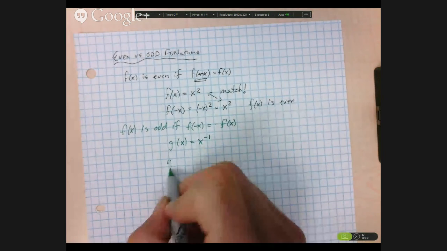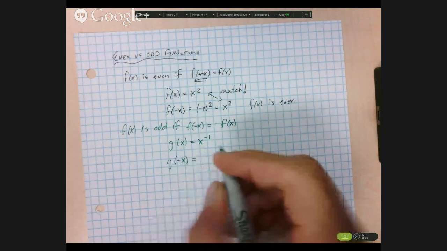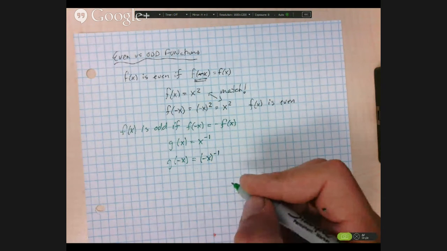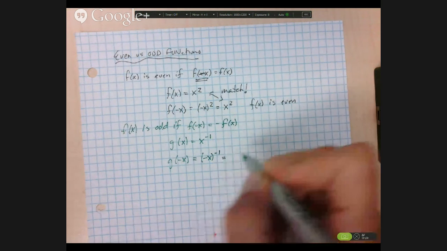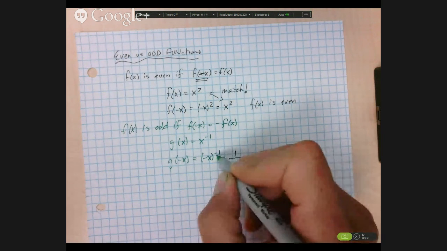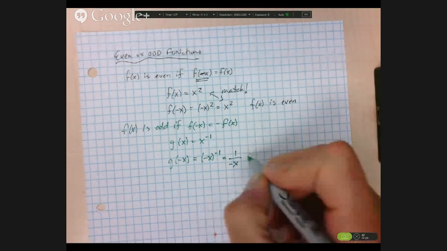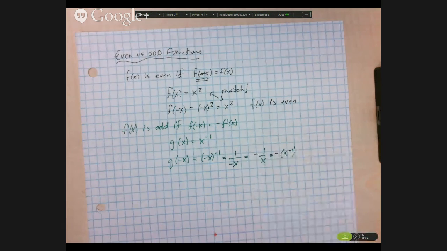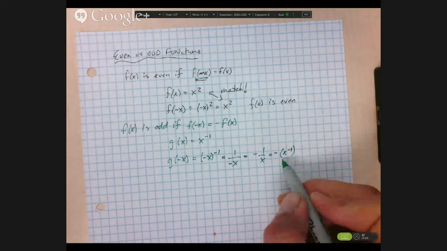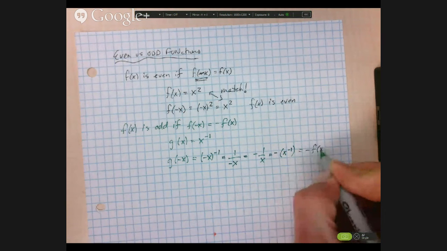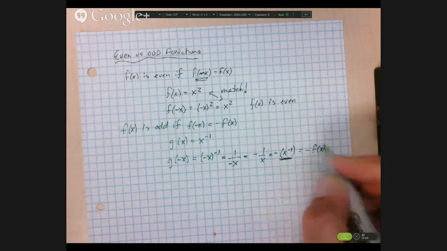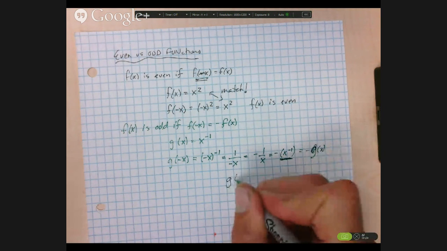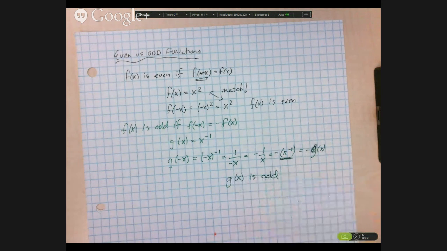So I'm going to plug in negative x, which in fact gives us, if you follow power rules, negative of g of x, because you have g of x here with a negative in front of it. So g of x is odd. Okay?